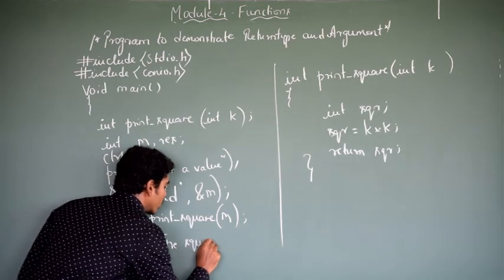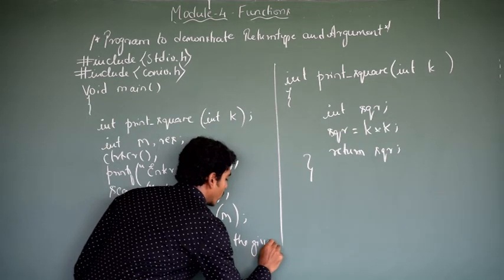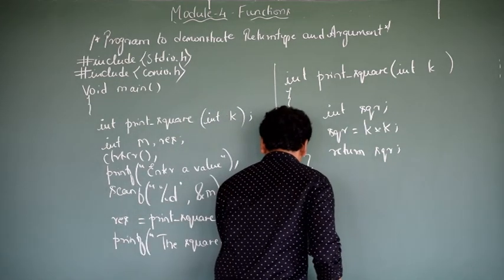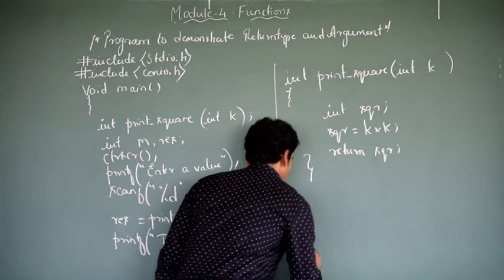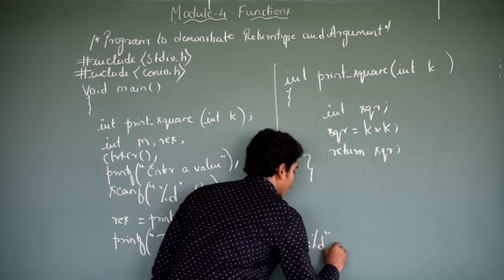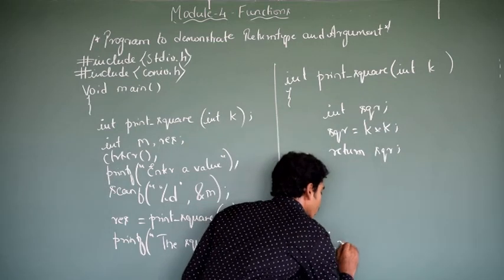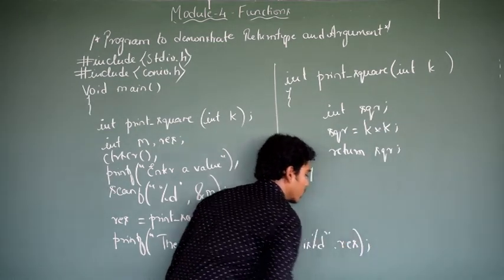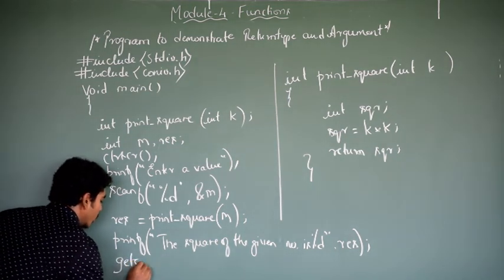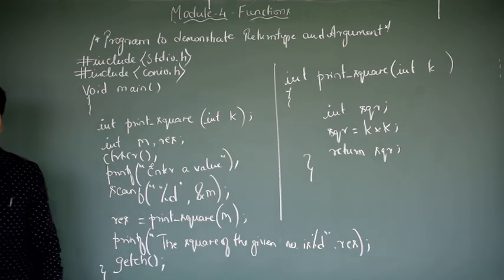The square of the given number is %d, result. So let me terminate the program as usual using getch. So this is the end of the program.